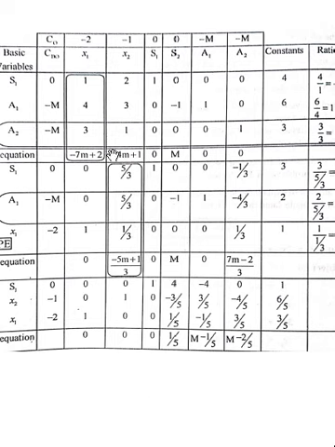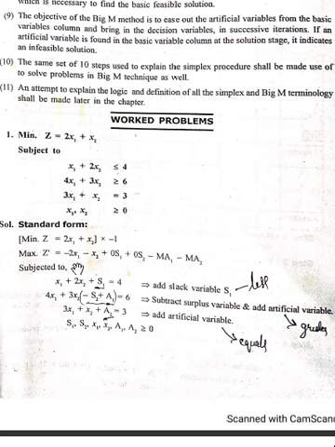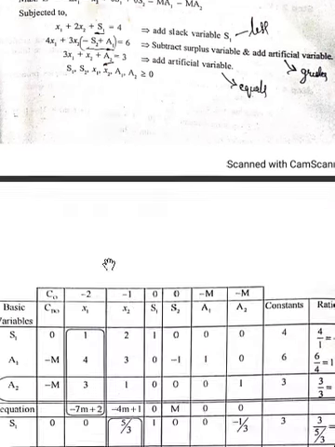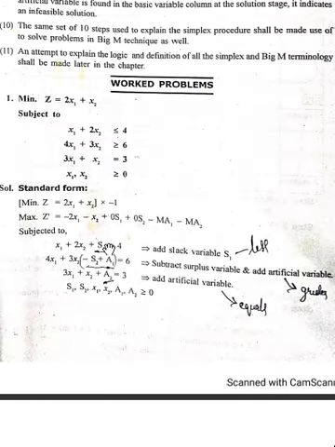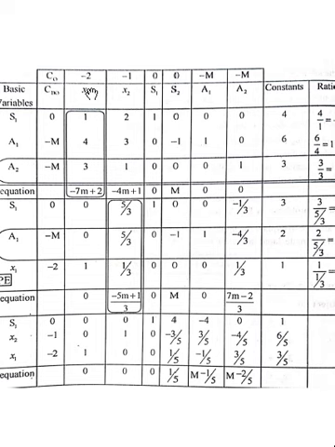So what are the things that we need to consider in this particular table? The number of columns depends on how many variables we have: 1, 2, 3, 4, 5, 6, a minimum of 6 columns, followed by the RHS.